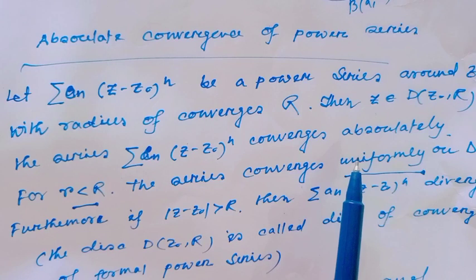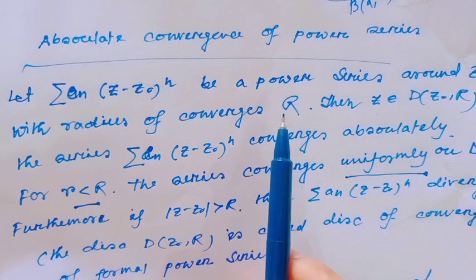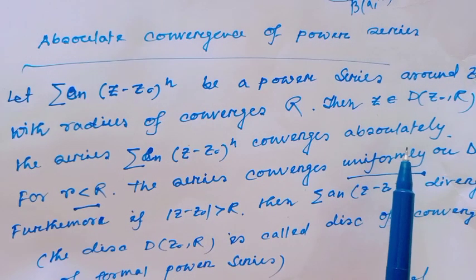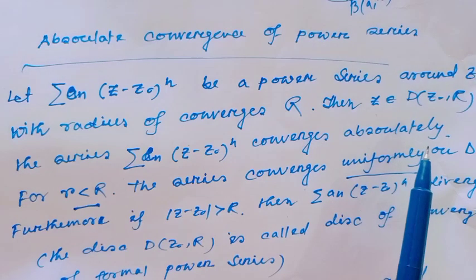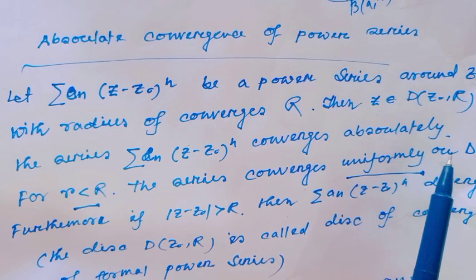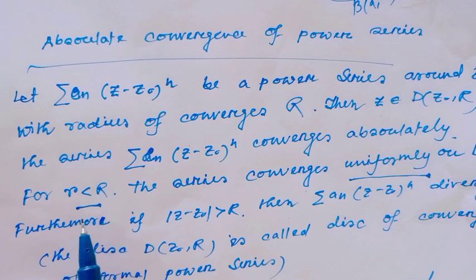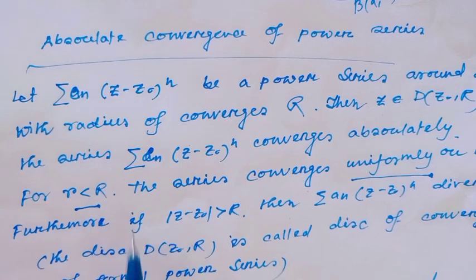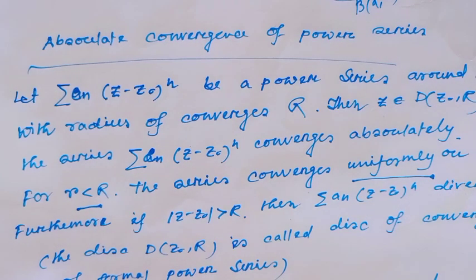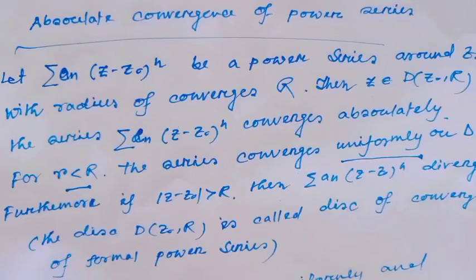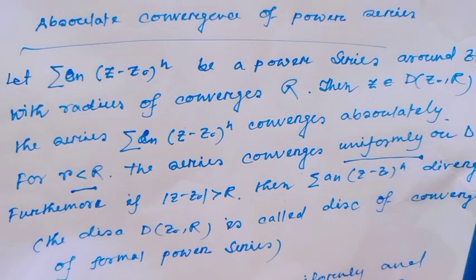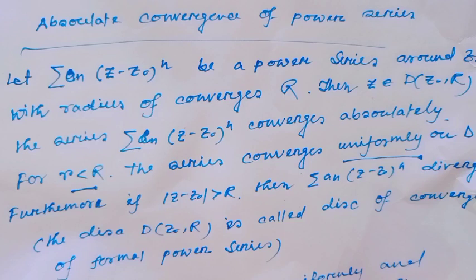That means power series convergence means this series also converges absolutely on this region, and for smaller r less than capital R the series also converges uniformly on the disc D(z0, r).